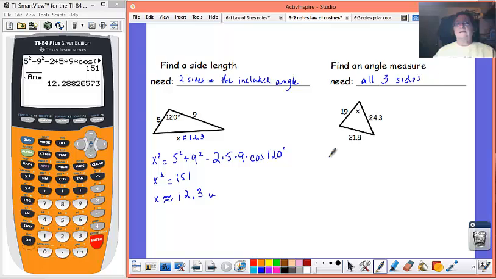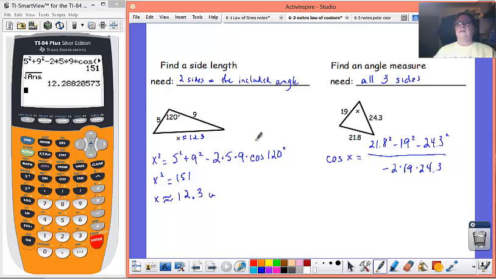But what it says is that the cosine of the angle that we need, x, will be equal to, and it's the opposite side first, 21.8 squared minus the squares of the other two sides, minus 19 squared minus 24.3 squared. All of that divided by negative 2 times the two sides not across from our angle. So negative 2 times 19 times 24.3.